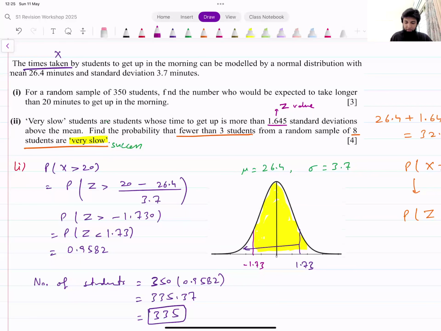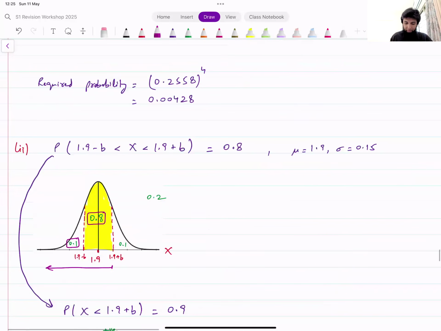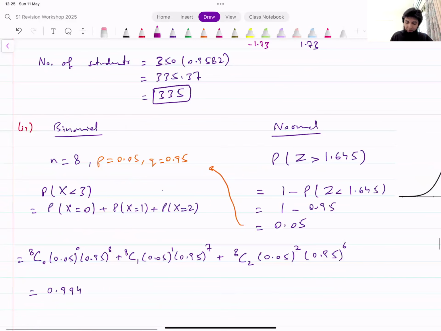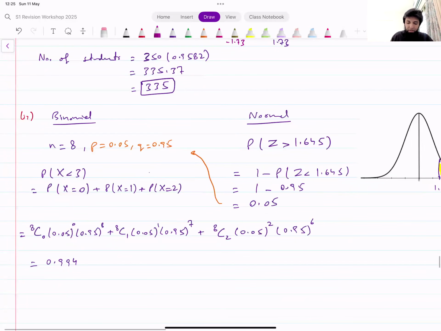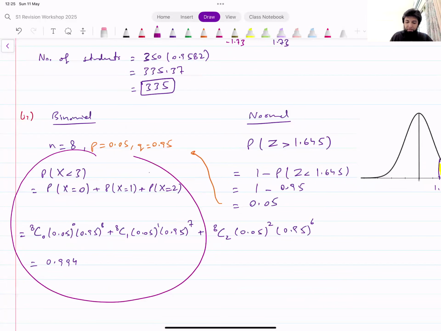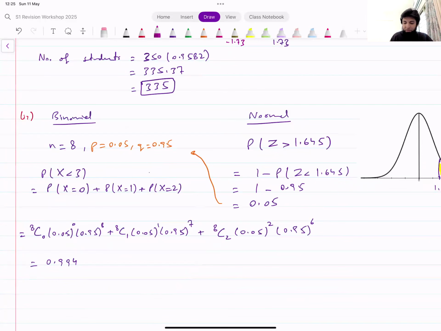That is the probability of Z greater than 1.645. Find this from the normal distribution curve. And then you just use binomial distribution to find the probability that you had less than 3 successes with N equal to 8, P equal to 0.05 from the normal distribution, and Q equal to 0.95. The probability of success is coming from normal distribution in this case.